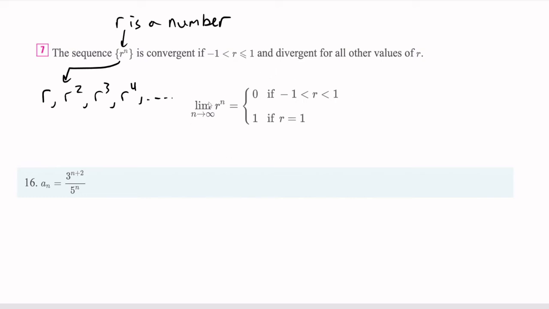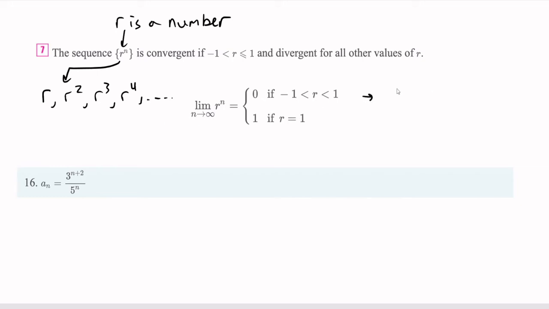That's summarized right here. The limit of this is 0 in here. The limit is 1 if you're equal to 1, because what's this just going to be? Plug it in. If r is 1, you're going to have 1, 1, 1, 1, 1. We saw the limit of that was 1. If r is between -1 and 1 not including, you're going to go straight down to 0. Plug some numbers in and look, right?